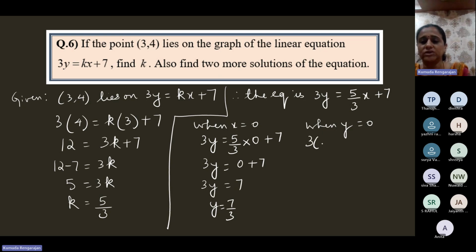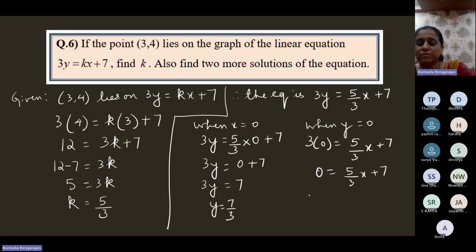So we have 3 into 0 is equal to 5 by 3 x plus 7. Do we all understand what's happening? Okay, so we have 0 is equal to 5 by 3x plus 7. So when you transpose, this plus 7 comes to the other side as -7.